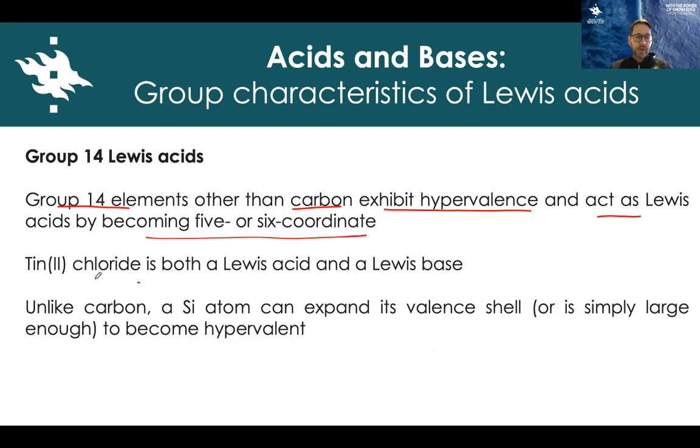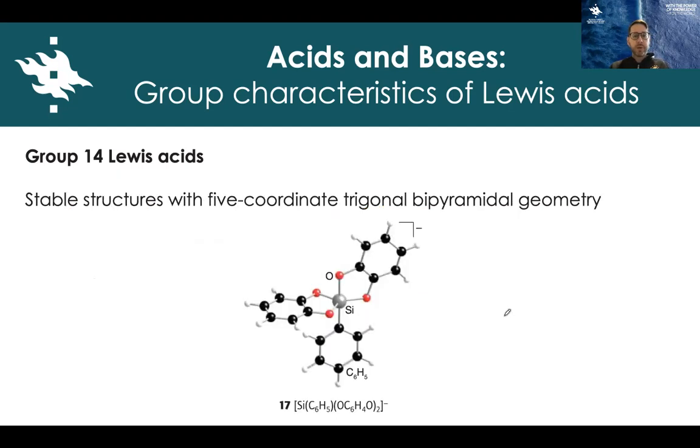So tin chloride in group 14 can act both as a Lewis acid and a Lewis base. And unlike carbon, the silicon atom can expand its valence shell, or simply become large enough to become hypervalent. So some stable structures with 5 coordinate trigonal pyramidal geometry are known, as shown here in this picture.